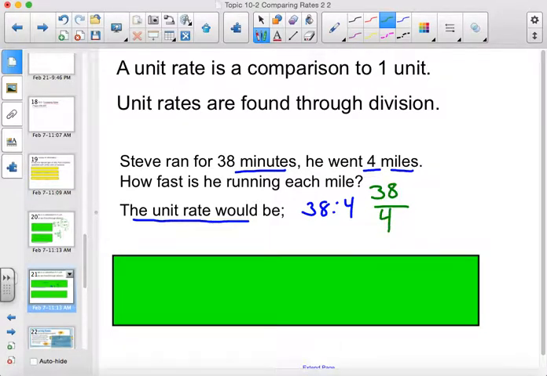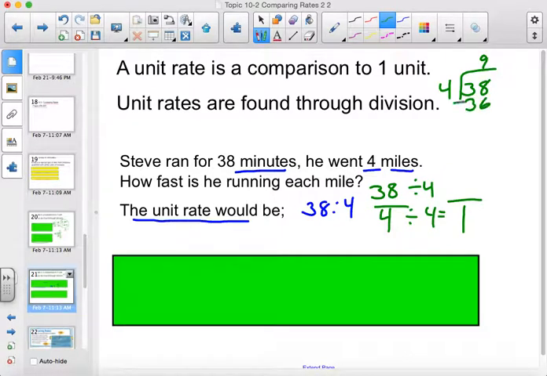And then if we want to find out what the unit rate is, we would want to know how much time it takes to run 1 mile. So in this case, we would have our unit of 1, and then we would take 38 and divide it by 4. 4 will go into 38 a total of 9 times.